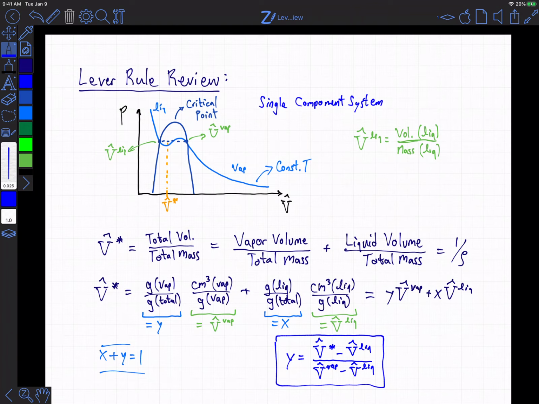And then using the information about the specific volumes of the liquid and the vapor, we can come in and do some dimensional analysis that shows us that we can get this lever rule relationship that tells us about just how much vapor, the mass fraction in this case of vapor, that we would have under these particular conditions.